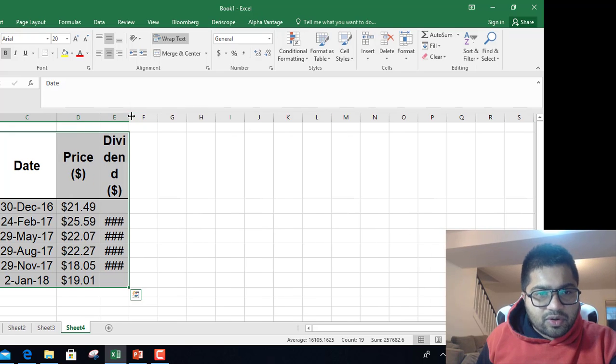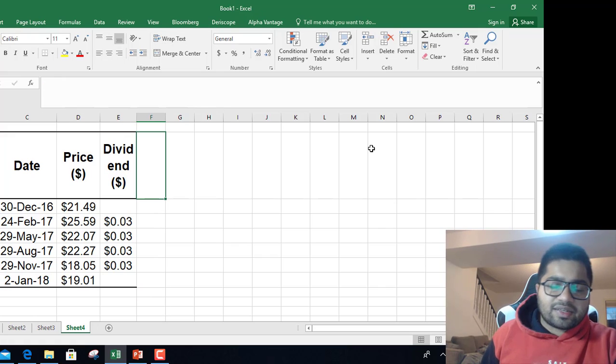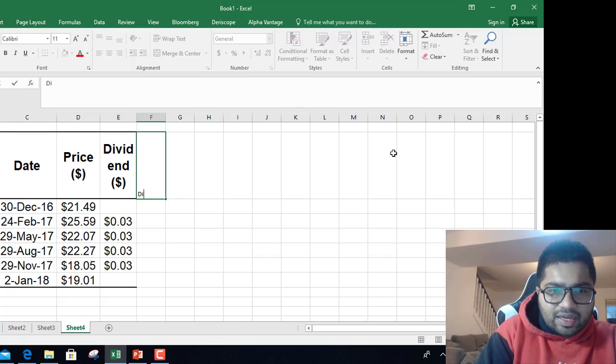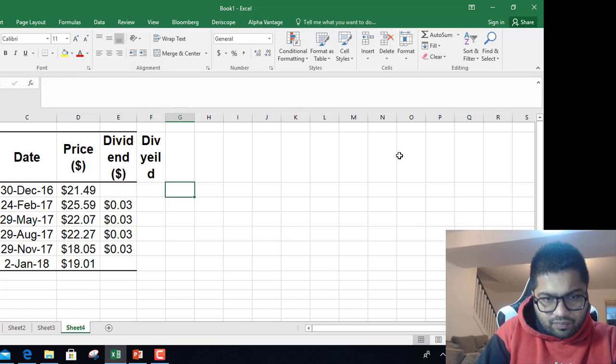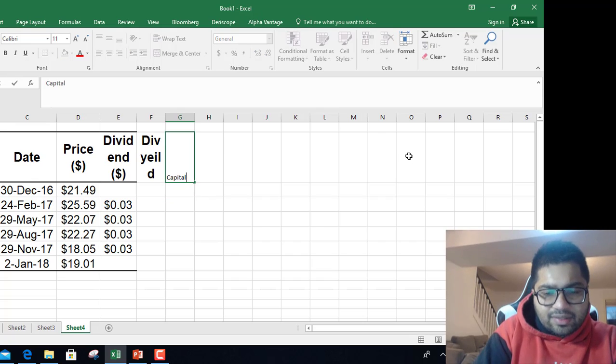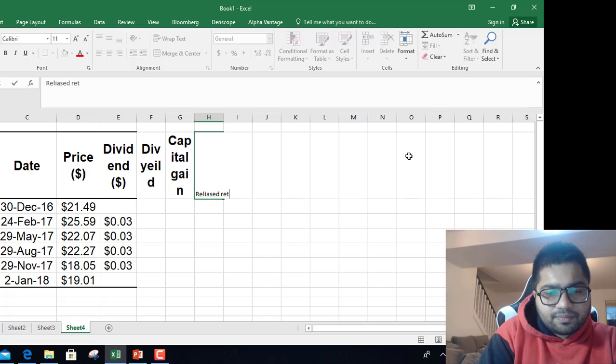Yeah, this is what we needed. We have prices, we have dividends, we have to calculate realized return. So how to do that? We calculate dividend yield, and we calculate capital gains, and we add them up to get realized returns.